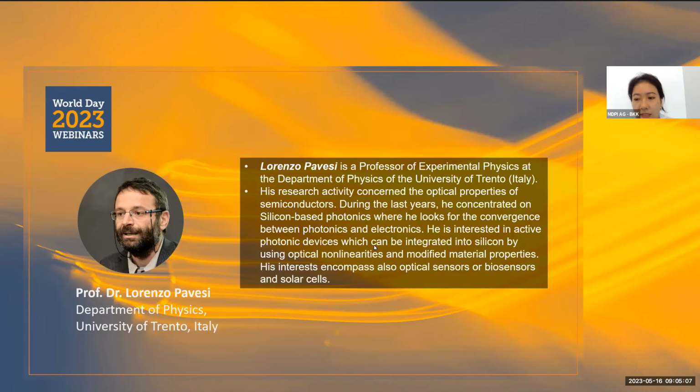His research activity concerns the optical properties of semiconductors. During the last years, he concentrated on silicon-based photonics, where he looks for the convergence between photonics and electronics. He is interested in active photonic devices which can be integrated into silicon by using optical nonlinearities and modified material properties. His interest encompasses also optical sensors or biosensors and solar cells.